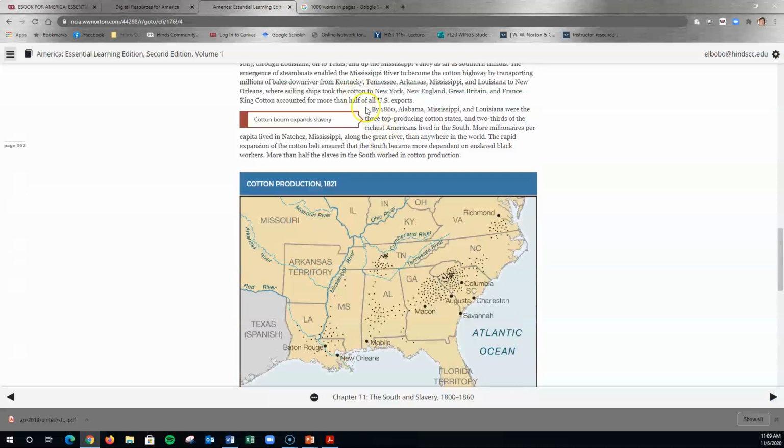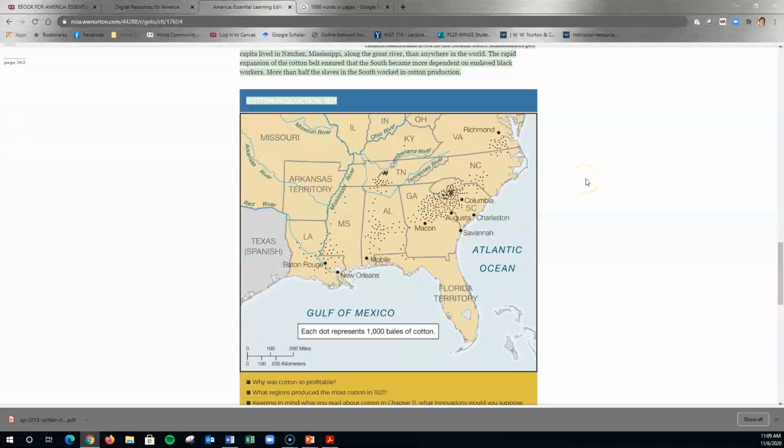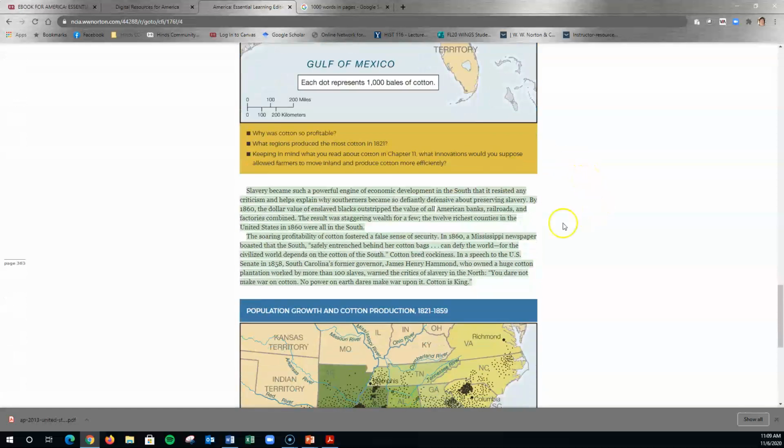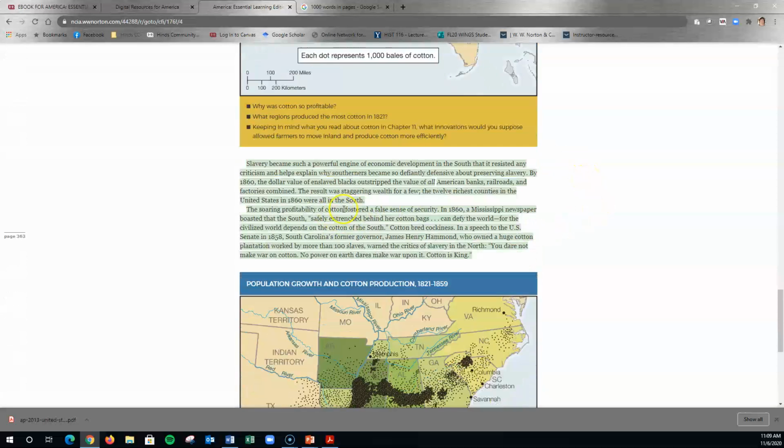If you look right up here, millionaires: more millionaires per capita lived in Natchez, Mississippi than anywhere in the world. That'll tell you something about the value of cotton, but it only happens because of slavery.